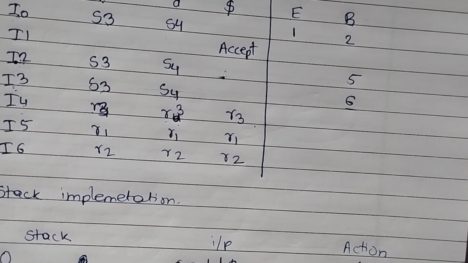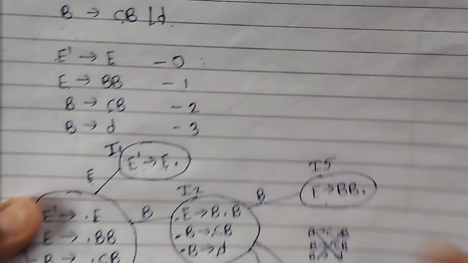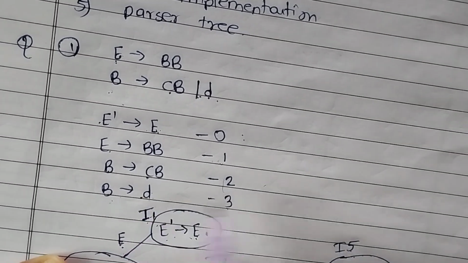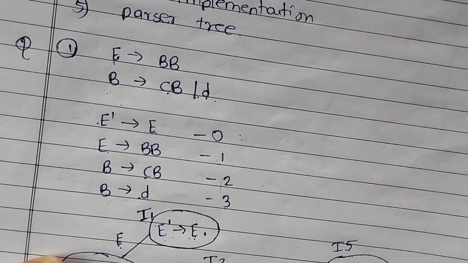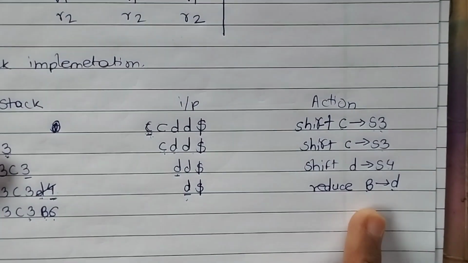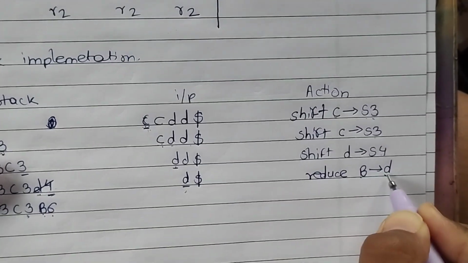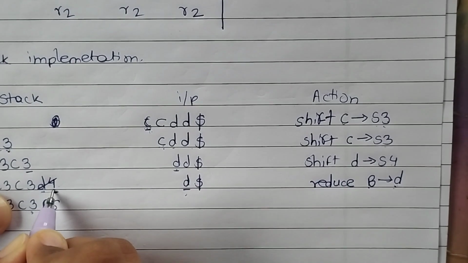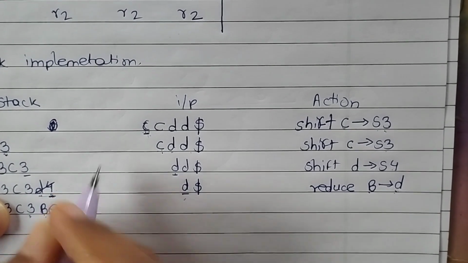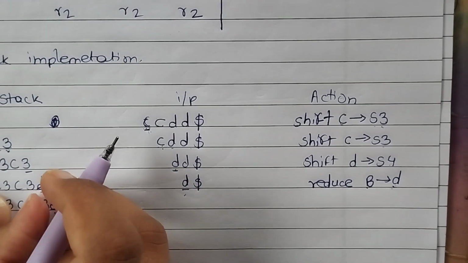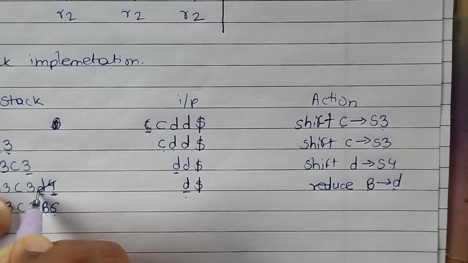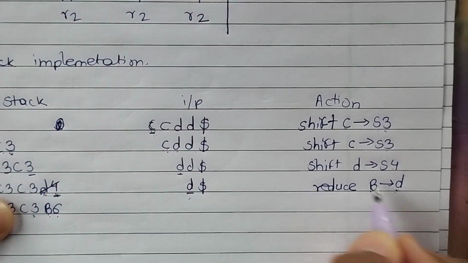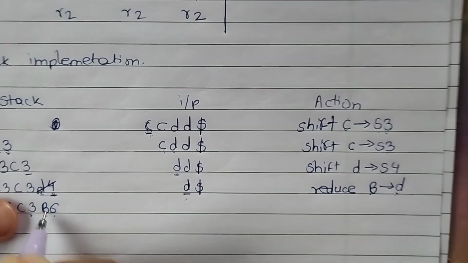So we check this R3, meaning 3 in our grammar. 3 is for B reads D. So we put this grammar for the reduction here, B reads D. Then one variable we reduce means one character and one number we reduce. This completes one variable. So we reduce this D4, and this D4 is reduced for B. So we write B as it is.